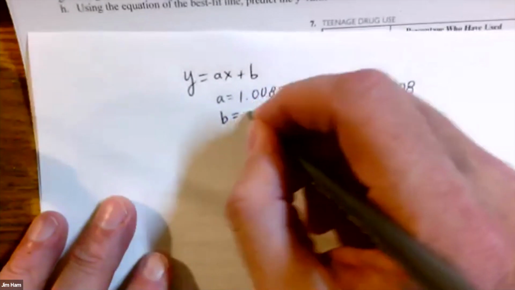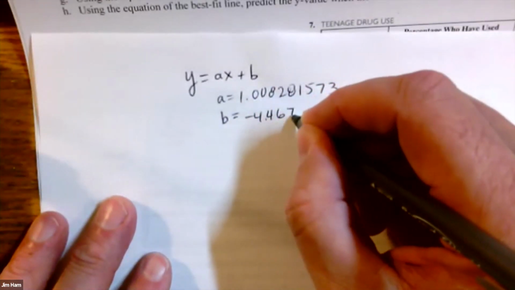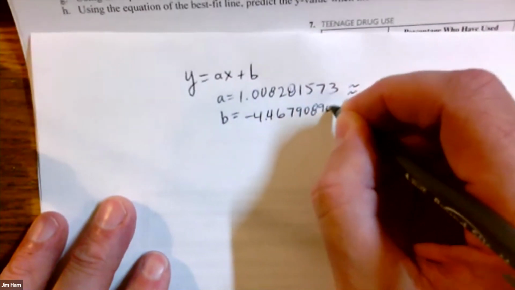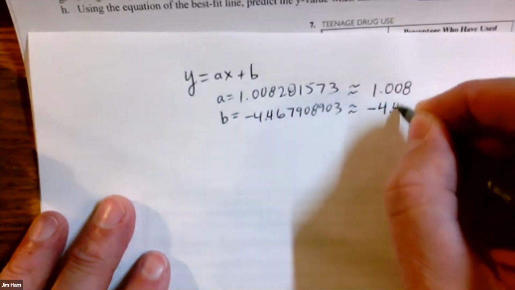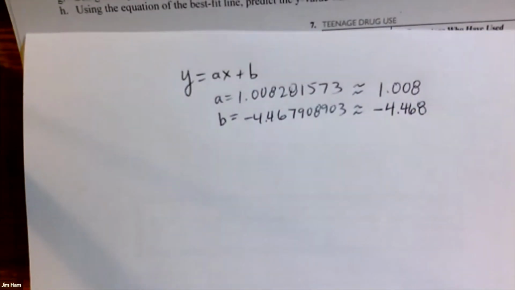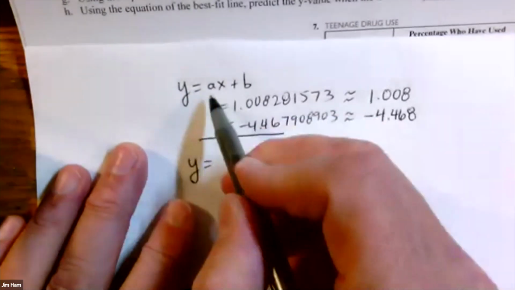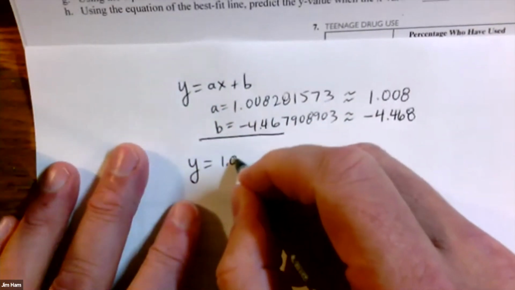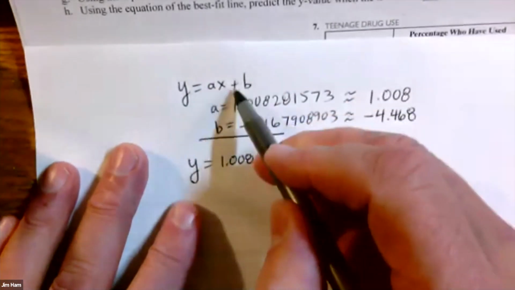Your calculator also tells you that the value of the y-intercept, the b value, is negative 4.467908903, and again, we'll round that one to negative 4.468, just 3 decimal places. Okay, then we're going to put those two numbers into our equation. So the a value is 1.008 times x plus b.